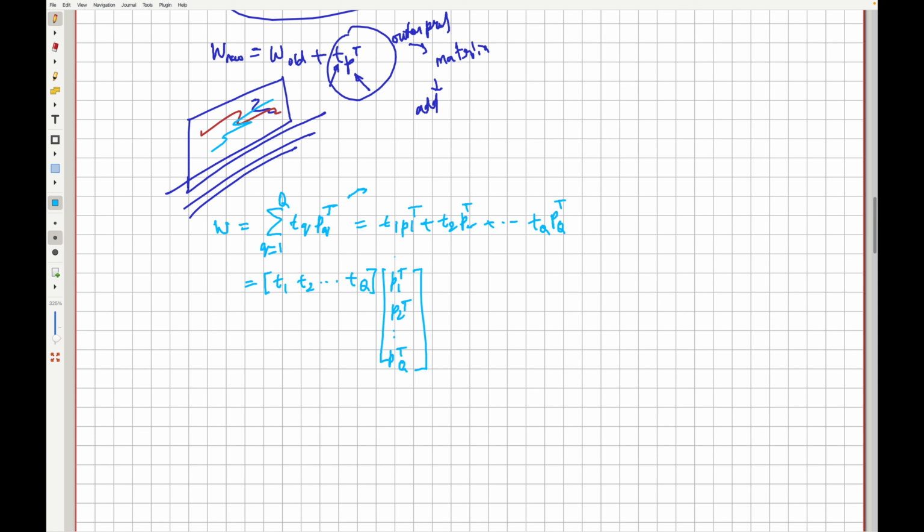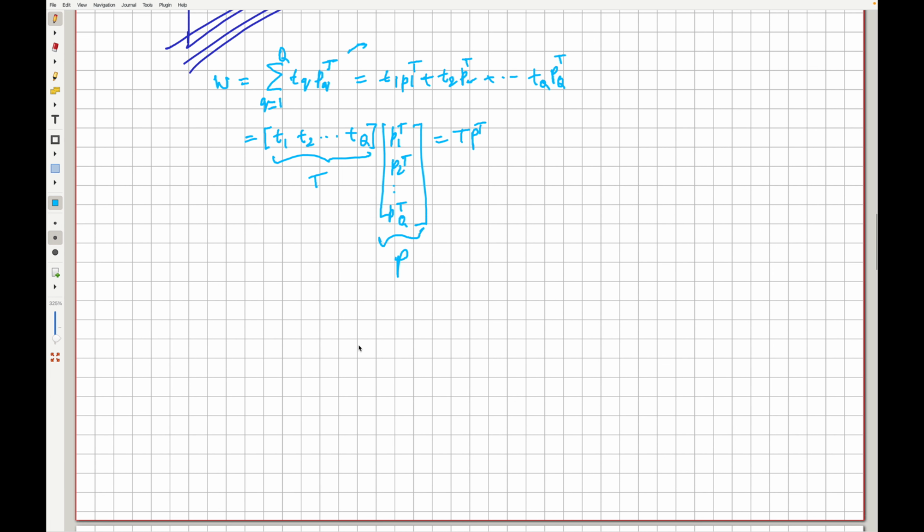And that's the T P transpose that we have, where this part right here is the T and this part right here is the P with the transpose up there.